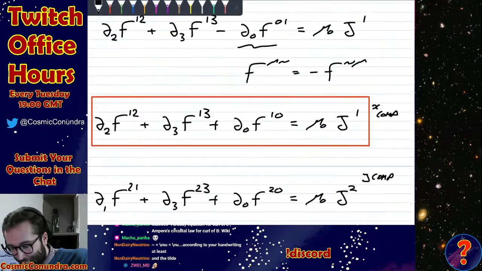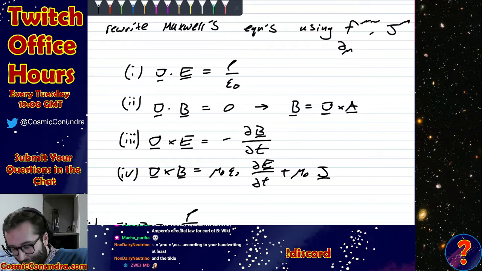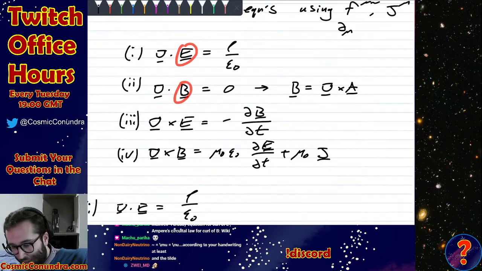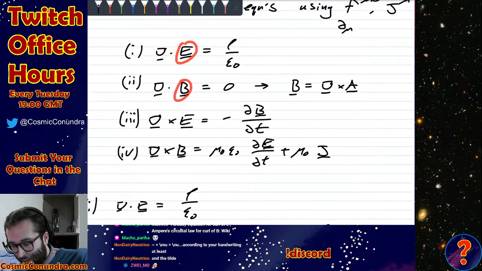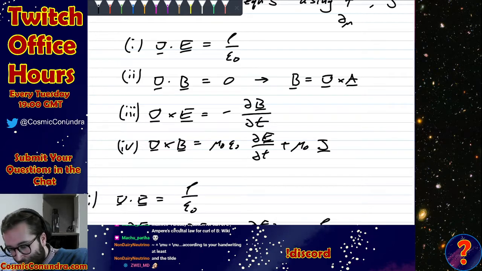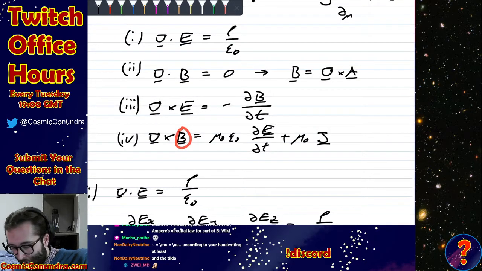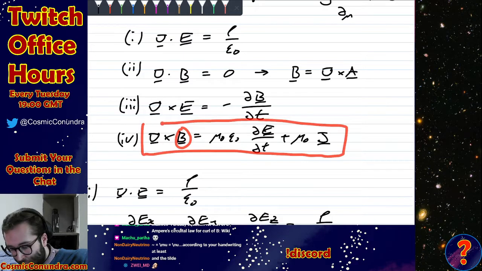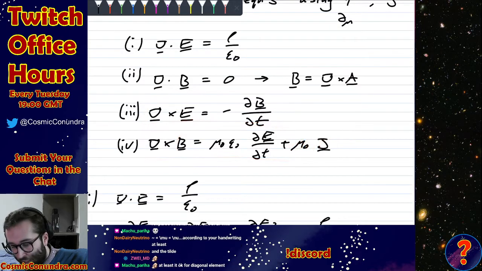But there's something interesting about Maxwell's equations in general: if you swap E and B in Maxwell's equations, they seem to give you something similar, except for these source terms. So for example, if you swap B with minus E in this equation, you basically just get back up to this equation other than this annoying source term.